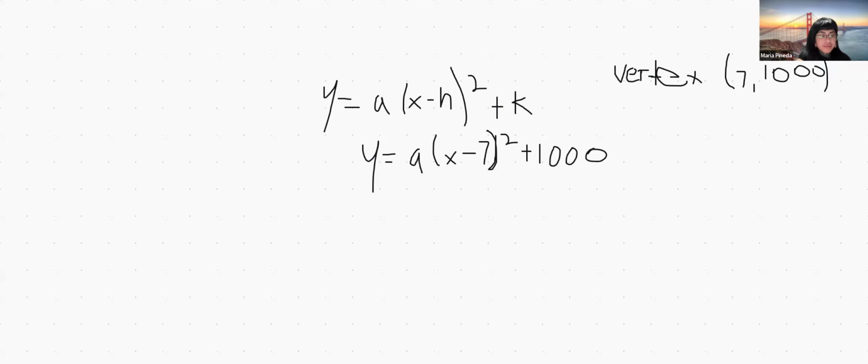The next step from this, we are going to use the point (6, 1,000) to find a.